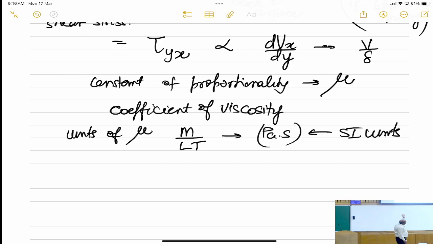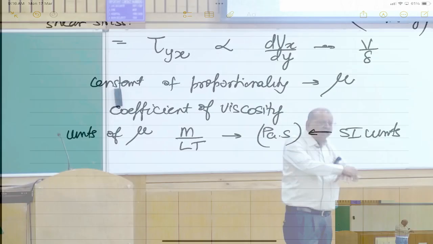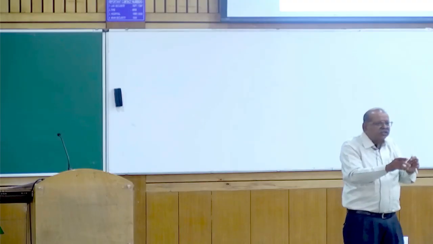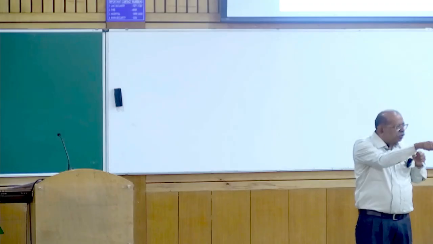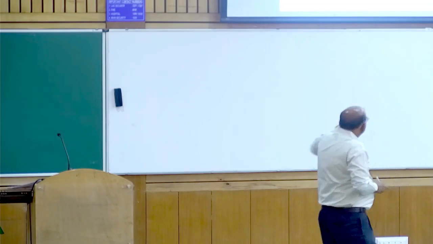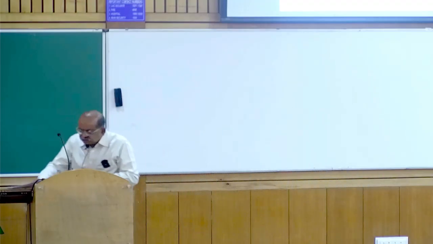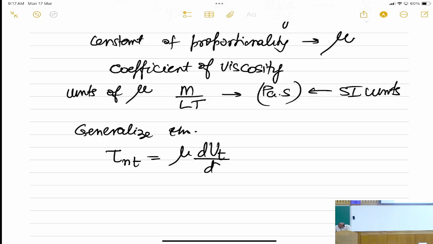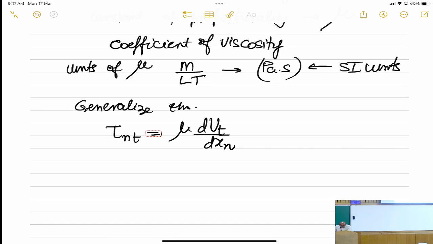So this is called the Newton law of viscosity. We'll look at the general version of this. We are looking at very special cases. There's only one component of velocity, and we are looking at the gradient in the perpendicular direction. So in some sense, we can generalize this as tau nt is equal to mu times dvt by dxn.